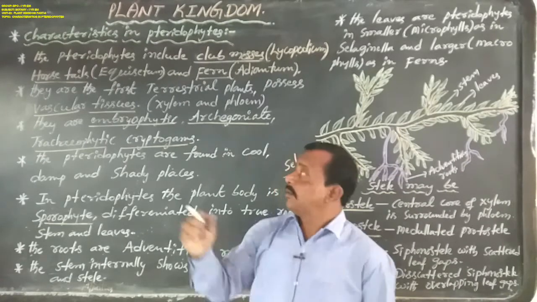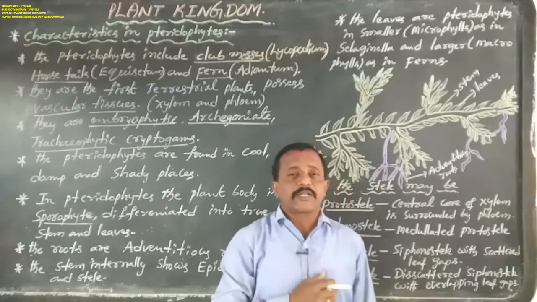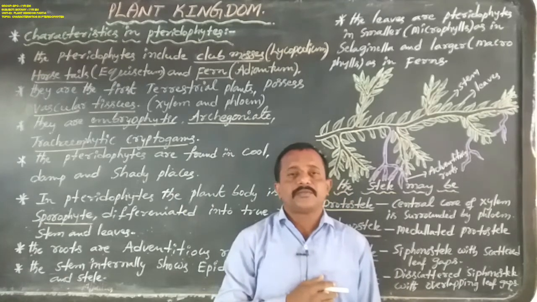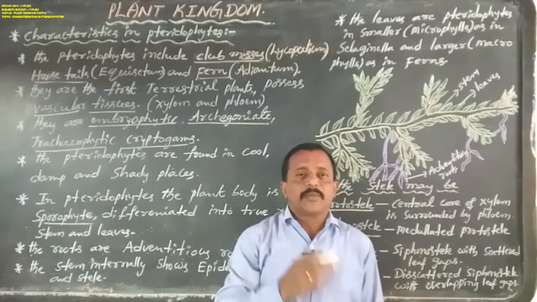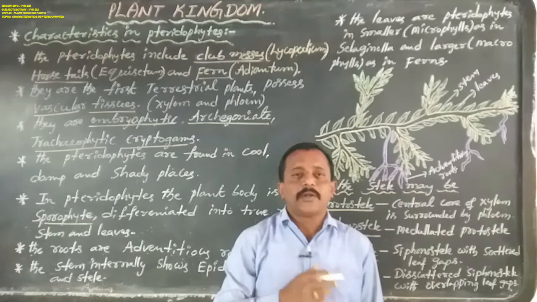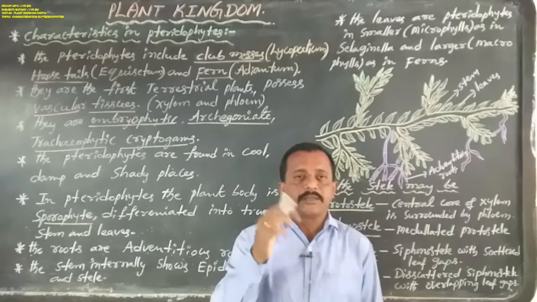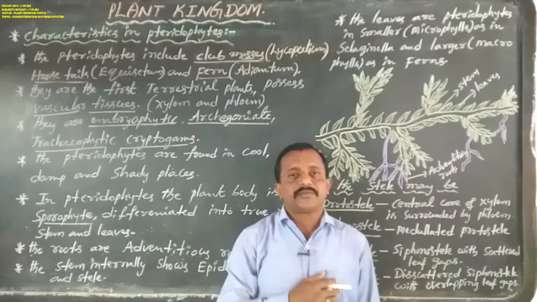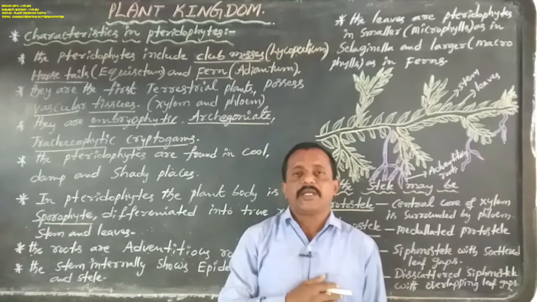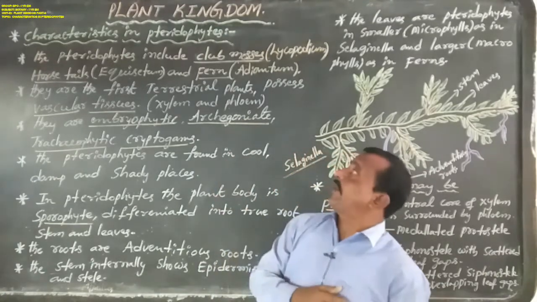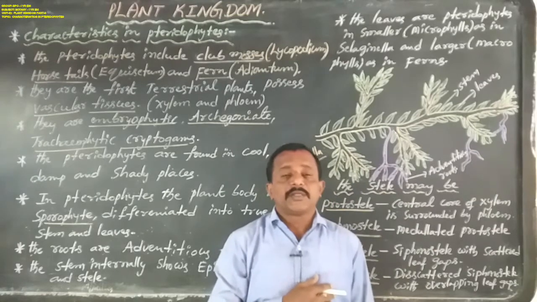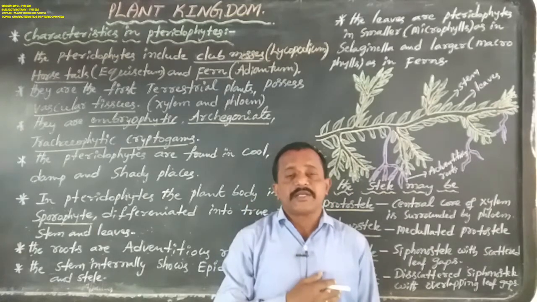And horsetails, especially Equisetum. In the plant body, one part of the leaves appears horsetail-like in structure, especially in Equisetum. And ferns have leaves that are larger in size.